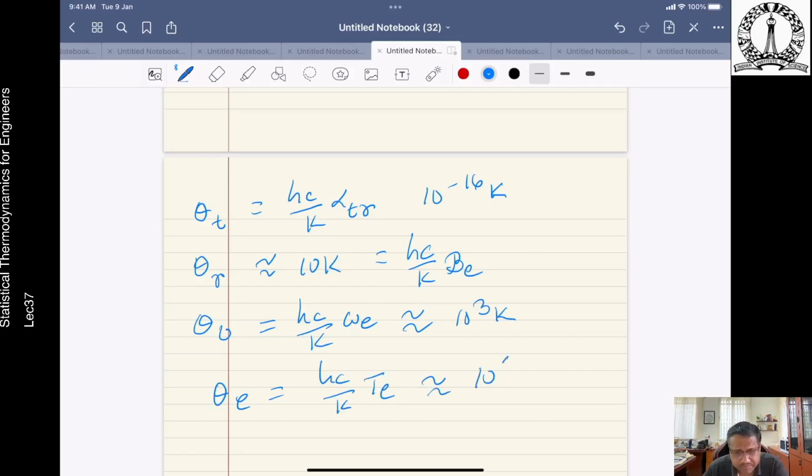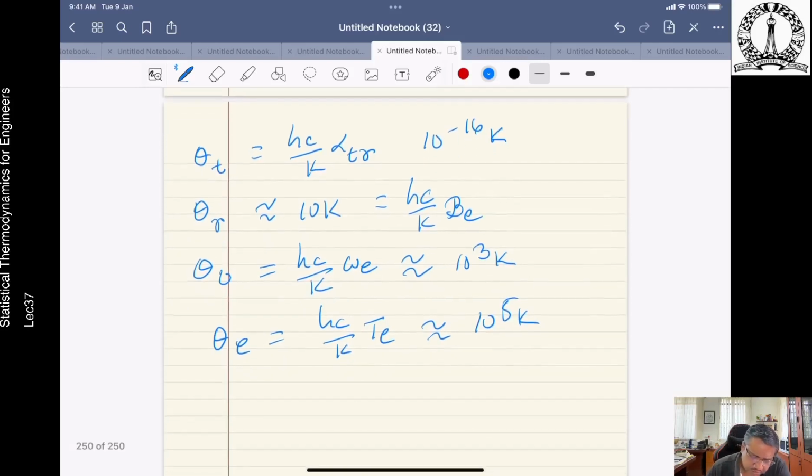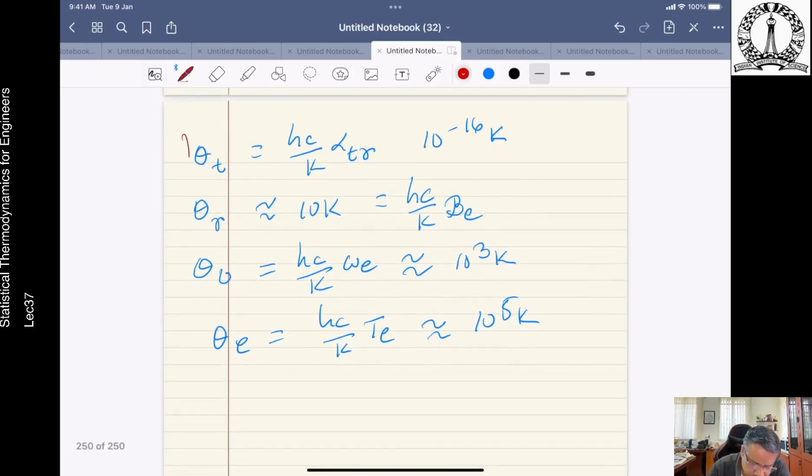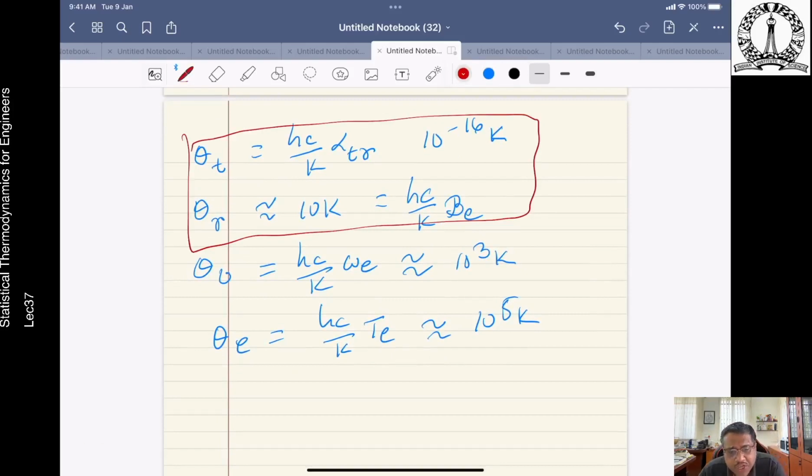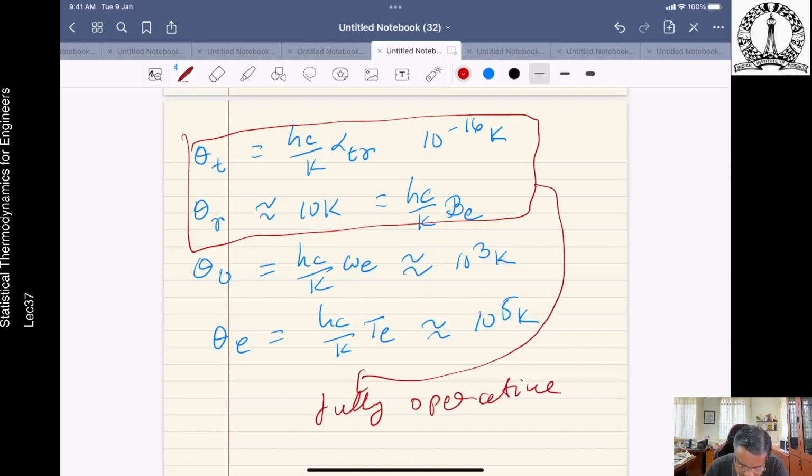So what we see over here is that these two temperatures, the translational and the rotational modes, are fully operative even at room temperature.